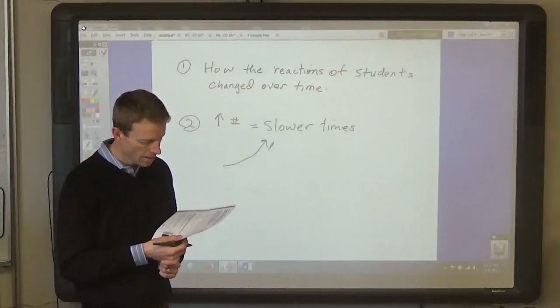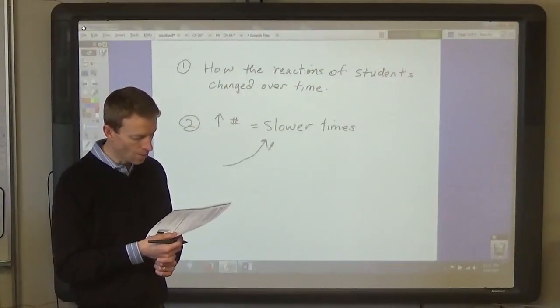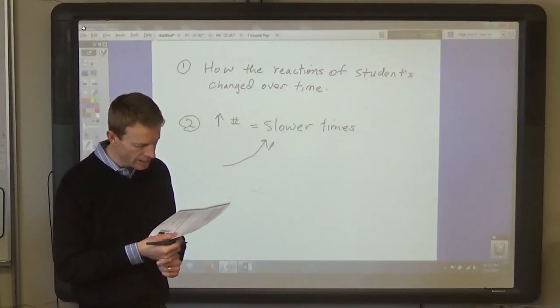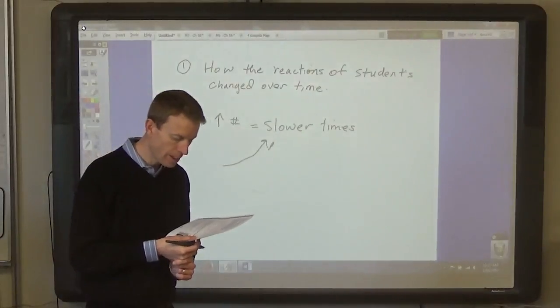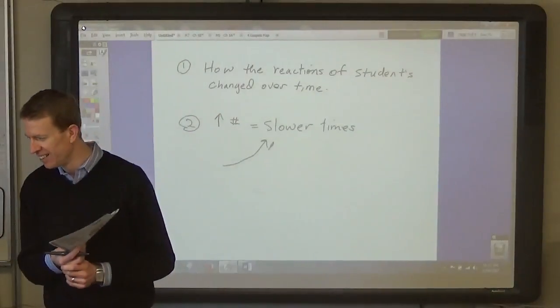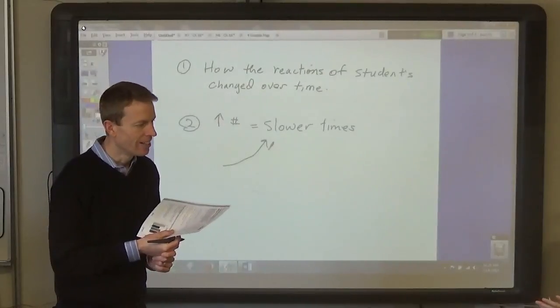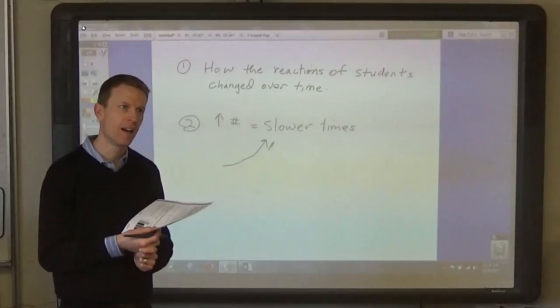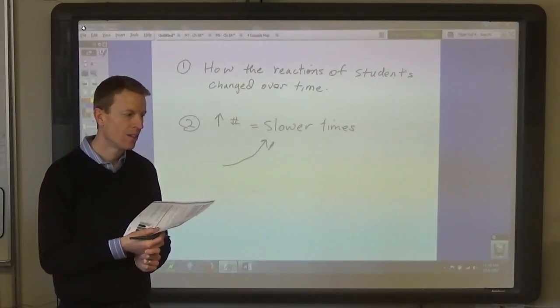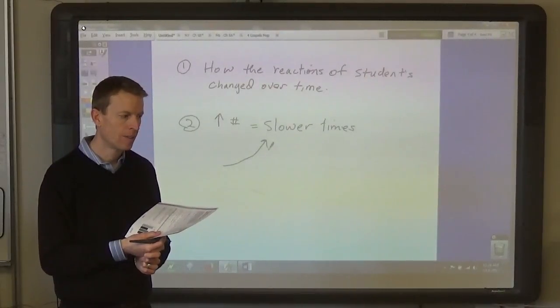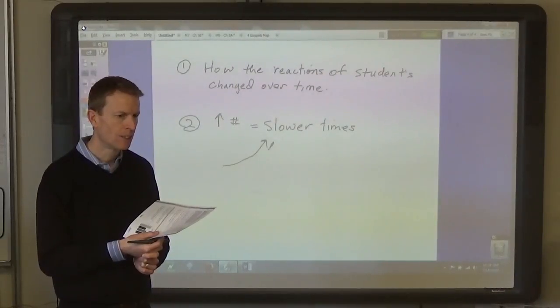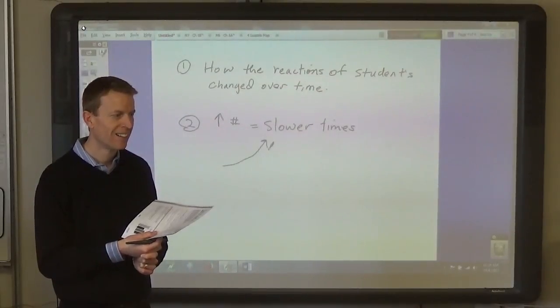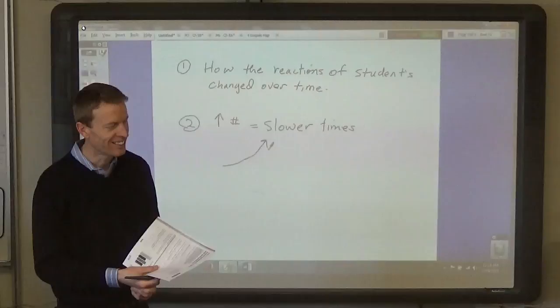And what happens at 10 p.m., or from 7 p.m. to 4 a.m.? They go up. Now think about that time of the day. Why do you think the reaction times would go up from 7 p.m. to 4 a.m.? Because they're tired.